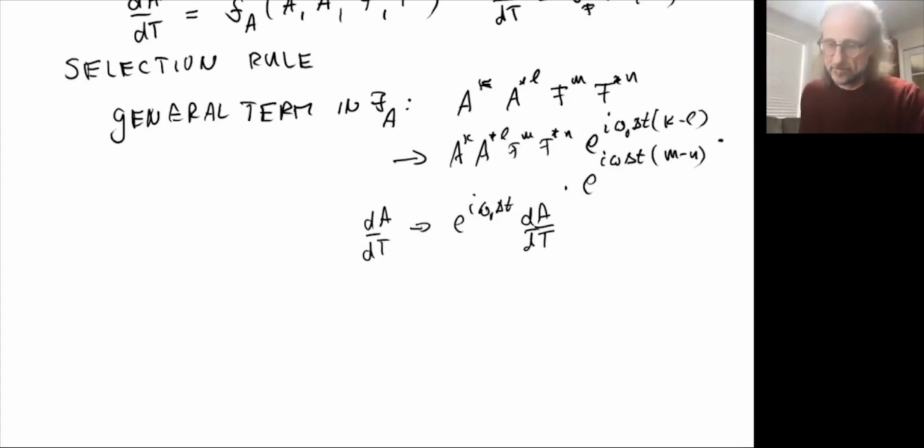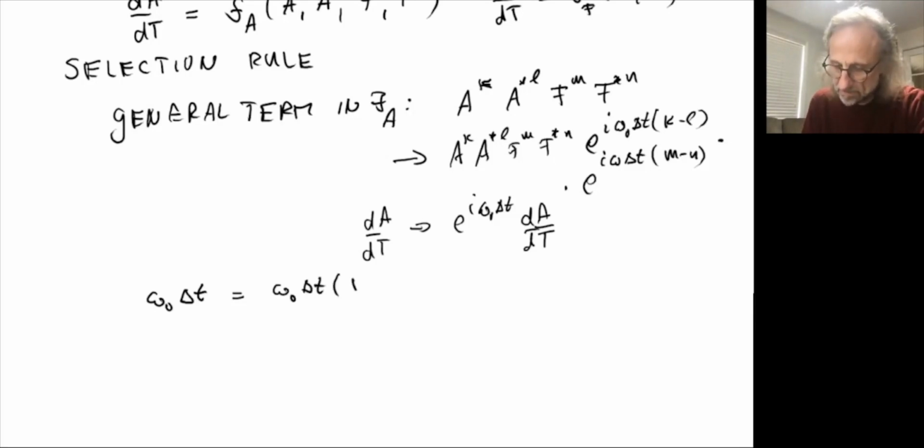Okay, sorry about that. They both have to transform the same way. And so that means that we need that omega naught delta t is equal to omega naught delta t times K minus L plus omega delta t times M minus N.